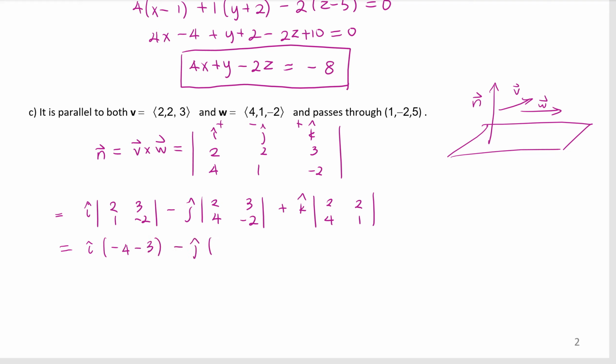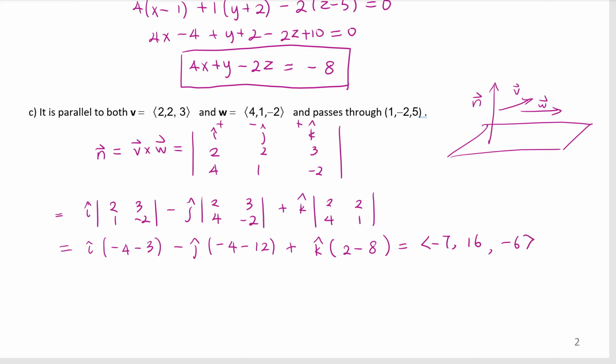For j: 2 times negative 2, negative 4, minus 4 times 3, 12. For k: 2 times 1, 2, minus 4 times 2, 8. Negative 4, negative 3, minus 7. Negative 4, negative 12, minus 16. But there is a negative in front of it, so that is 16. 2 minus 8 is minus 6.